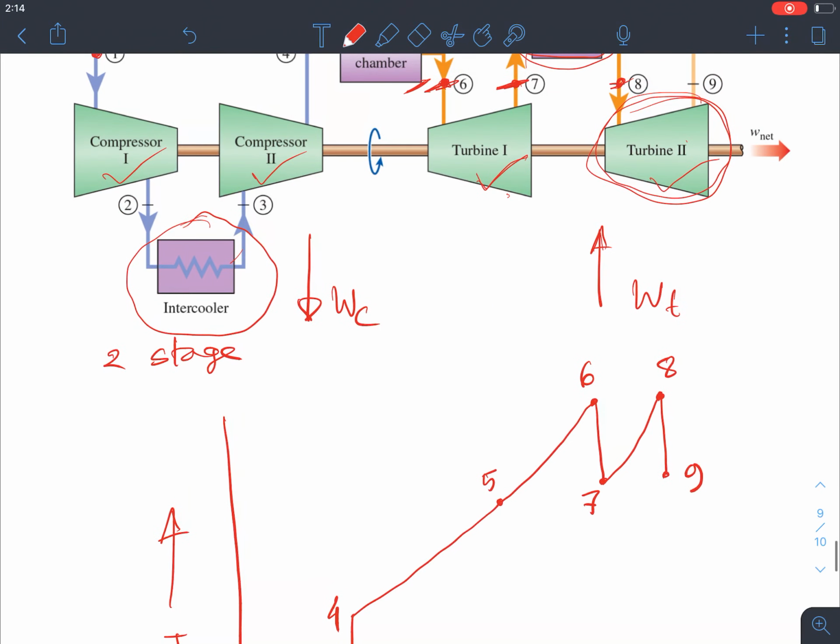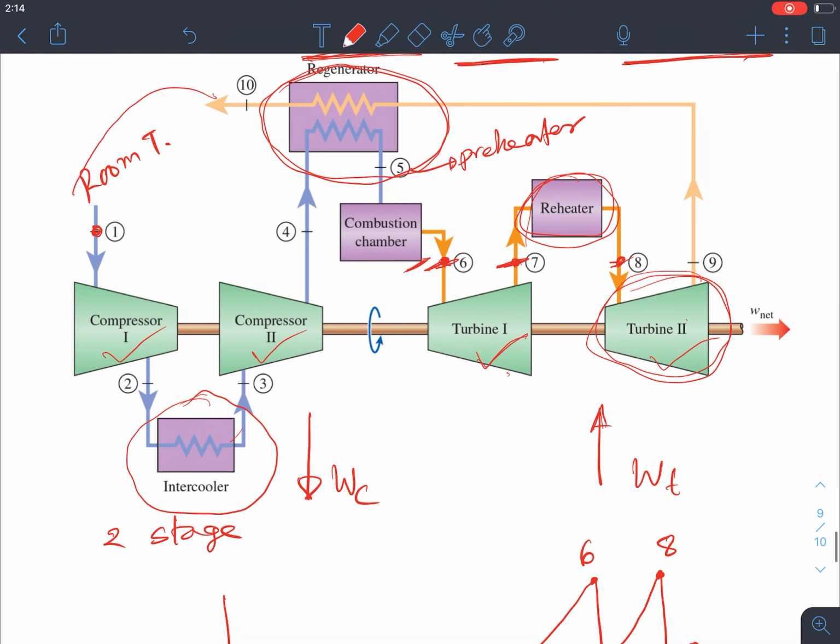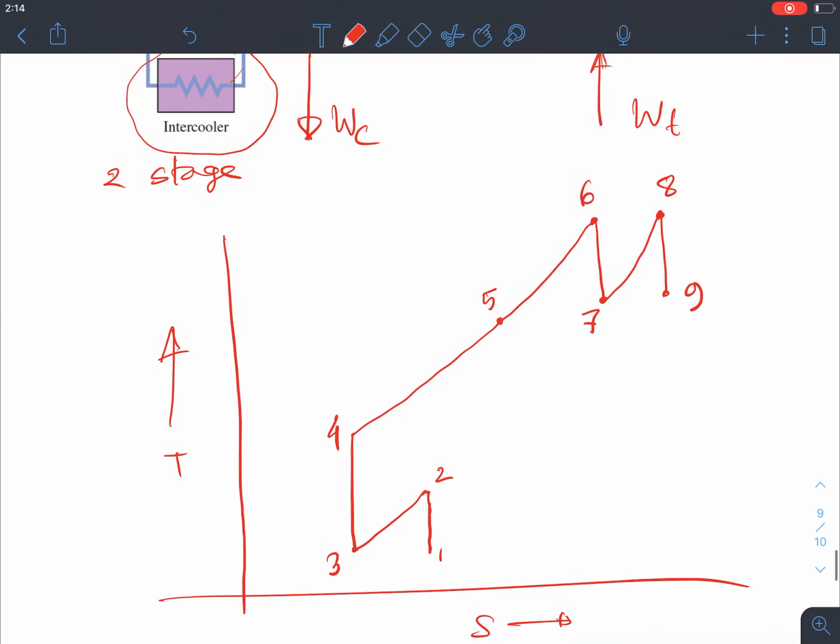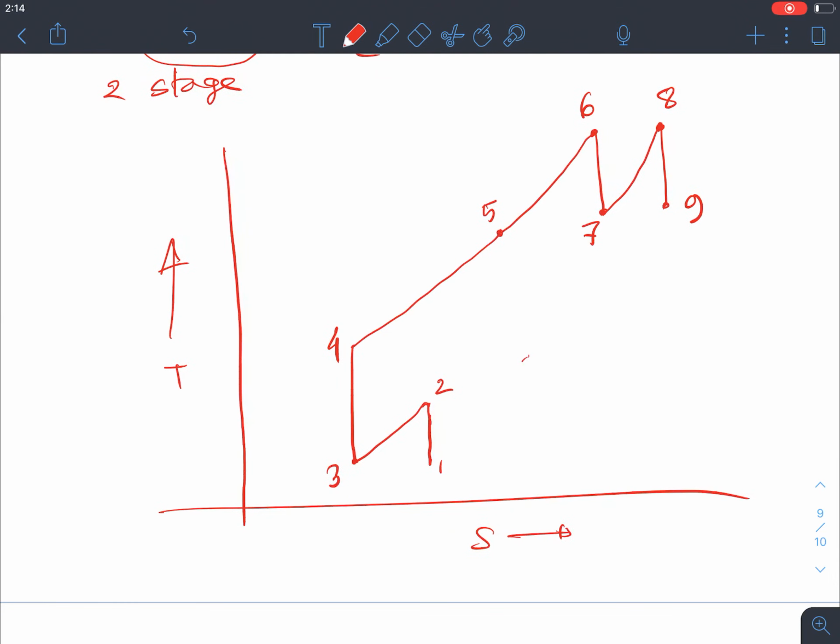And that temperature is similar to 7, the turbine 1 outlet, right? So this is 9. And then from 9 to 10, it's basically somewhere around here. So this point, and then from 10 to 1 would be this, so 10.